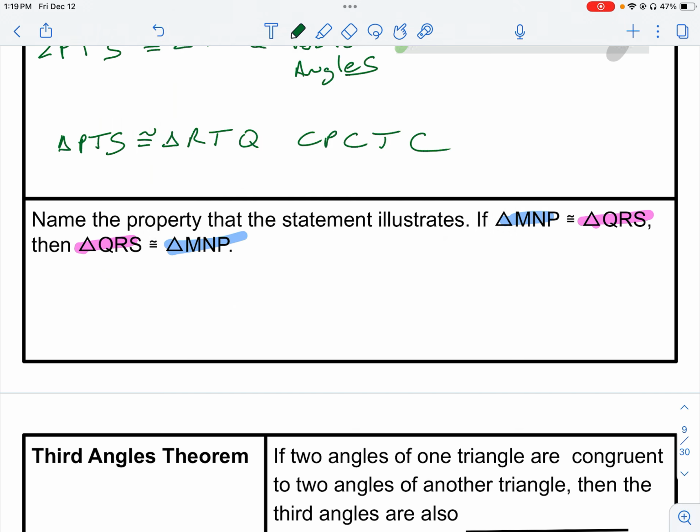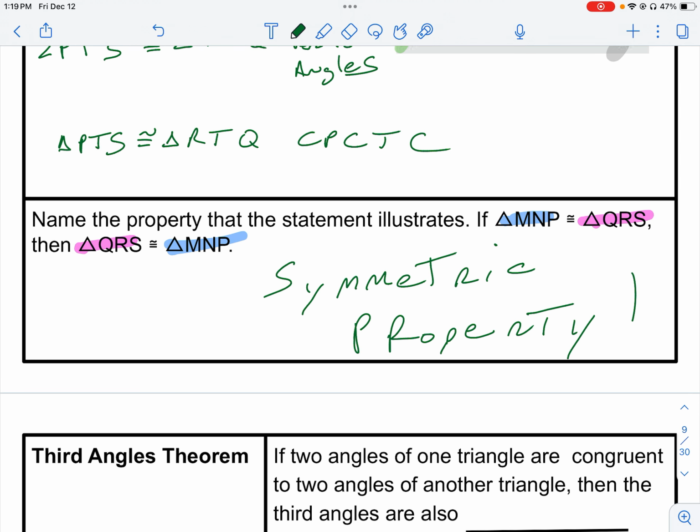Pause the video, answer the question, and we'll see if you remember. Because you could look back at the beginning of this lesson to refresh your memory. It is the symmetric property. Good job.